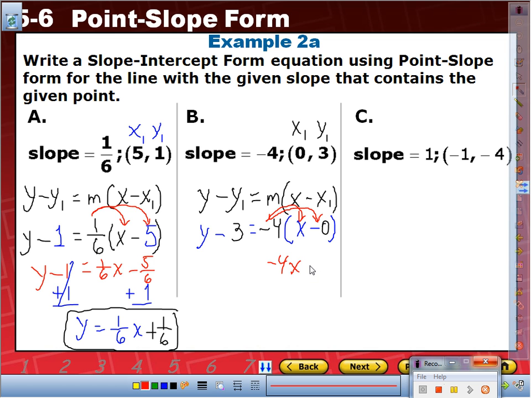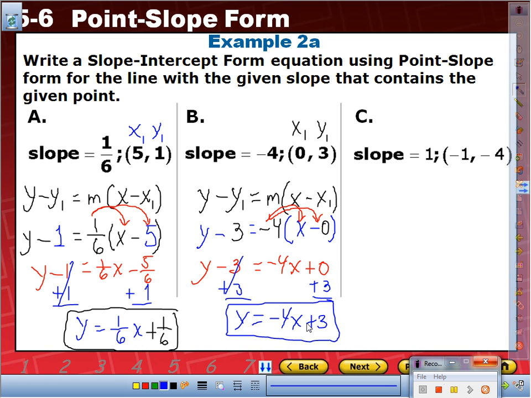I'm just going to write it in here so you guys can see it. Plus 0. Bring everything else down. y minus 3. Am I done? No. What's our last step? Add 3. Add 3. y equals negative 4x plus 3.